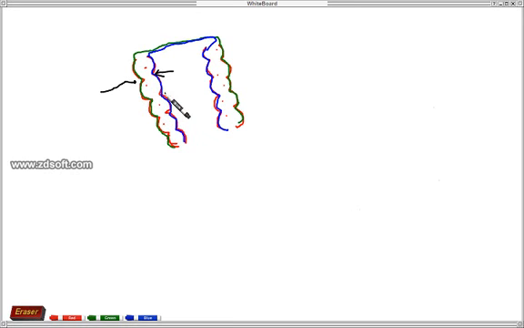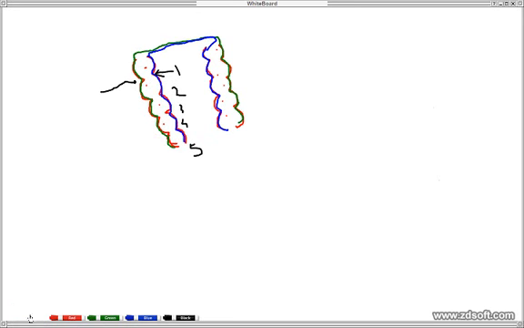So now you are clear with the idea. There are first, second, third, fourth, and one extra, fifth one. There are 5 pouches and 5 arches with that. Okay, so these are your arches and pouches.